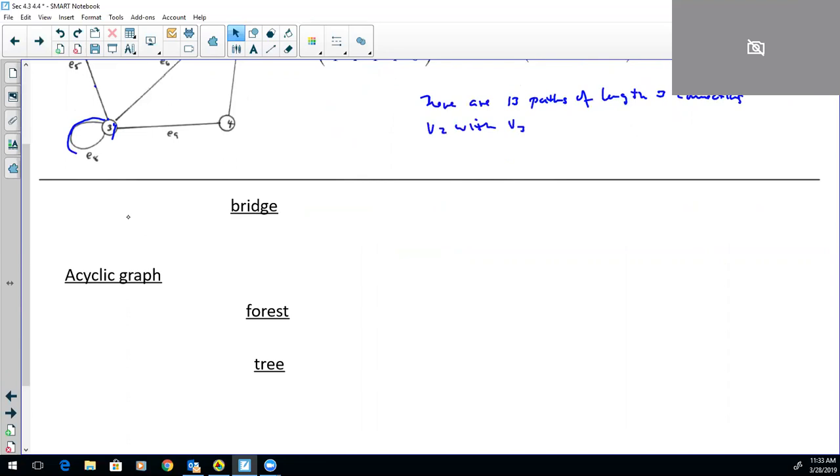Okay. Bridge. This is an edge in the graph with the property that removing it disconnects the graph.